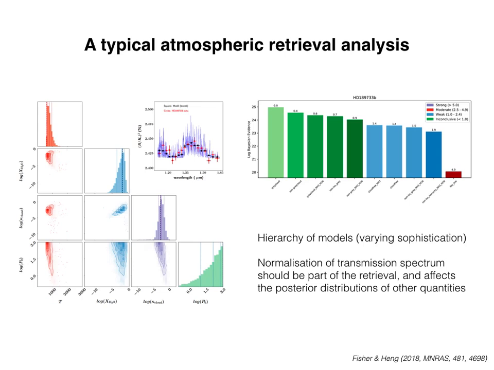It assumes just the presence of water. It assumes that there's a cloud, but that the cloud has particles that are much larger than the wavelengths being probed, meaning that the cloud can be described by just a single number, because the cross-section is constant. And finally, you also have to fit for the reference pressure, as I mentioned earlier.